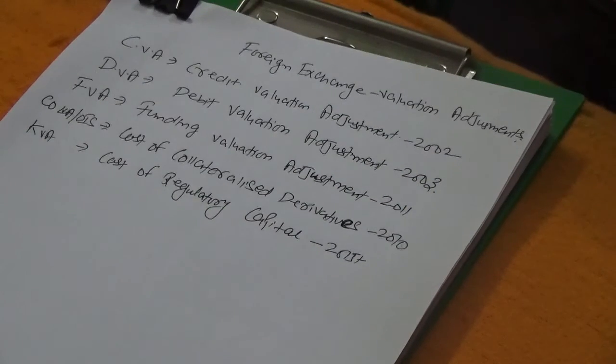Now in this video we would like to explain this not in detail, but we will give you a complete description of what they are and how they move. At the same time we would like to stress a very important fact about these valuation adjustments. Unfortunately, India is not a market for valuation adjustment. The reason is that the majority of people are looking only at forward contracts and, at most, simple option contracts.